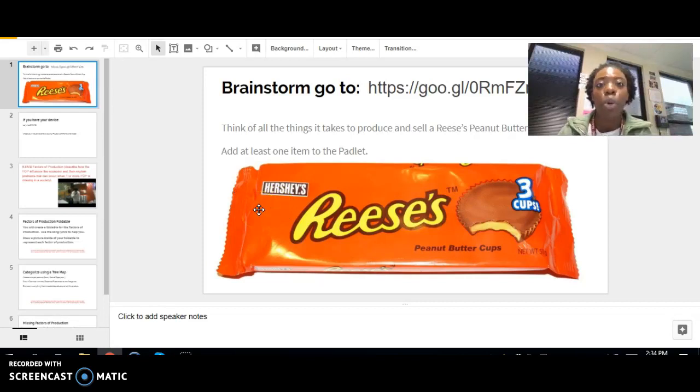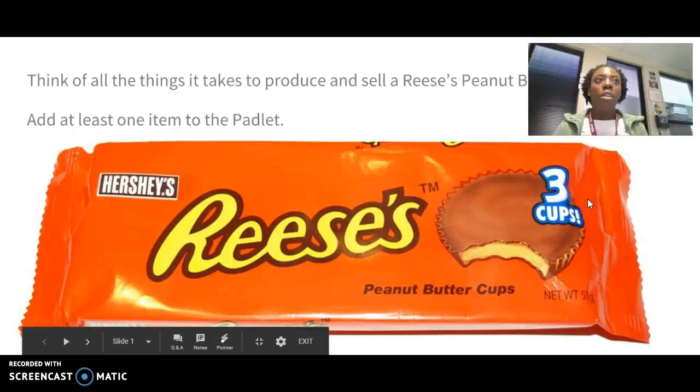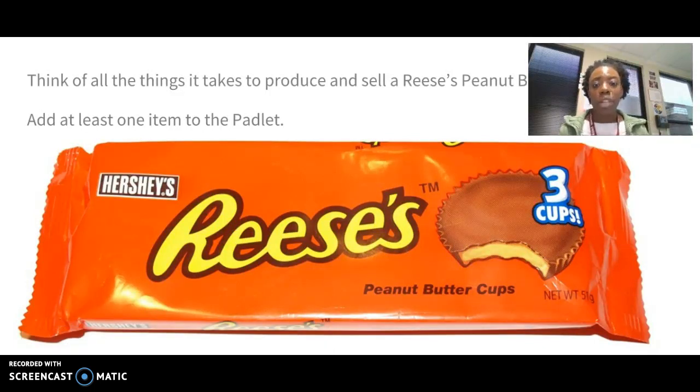Now, let's say one of those things was not present. What if there were no land? What if there were no peanuts? Would we be able to create the Reese's peanut butter cup? No, we wouldn't. What if there was no capital? What if we didn't have the money to get the machinery and the things that we needed? Would we be able to create it?